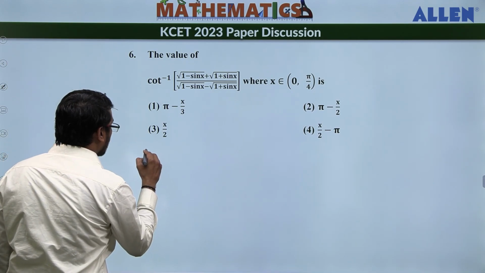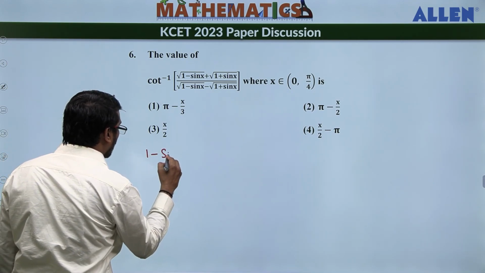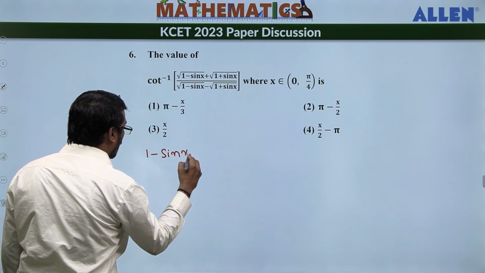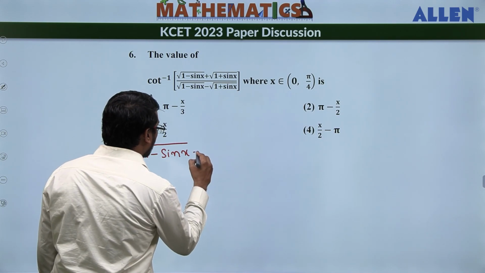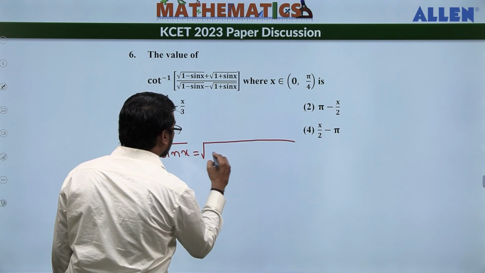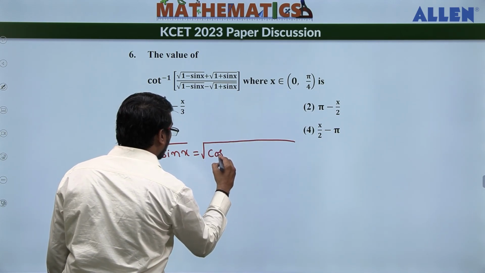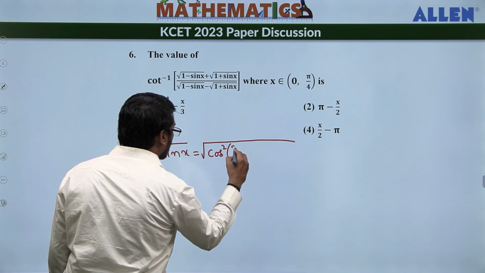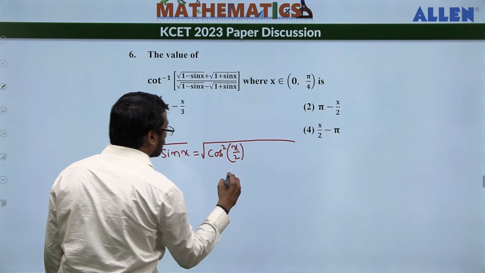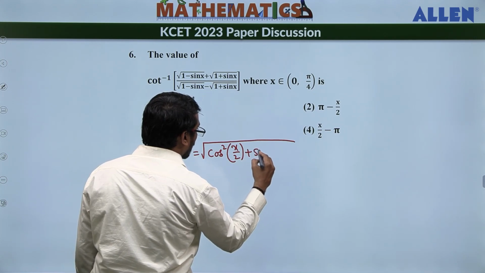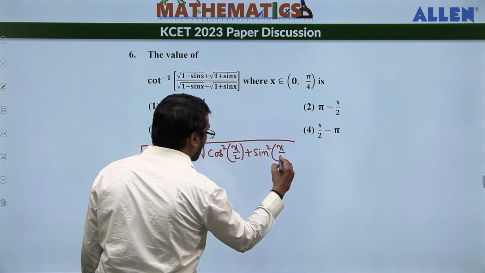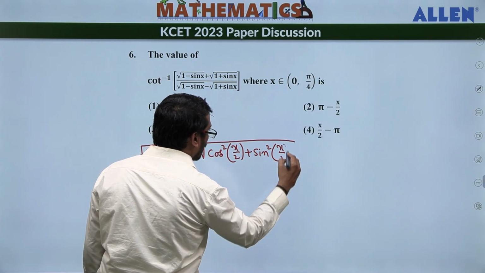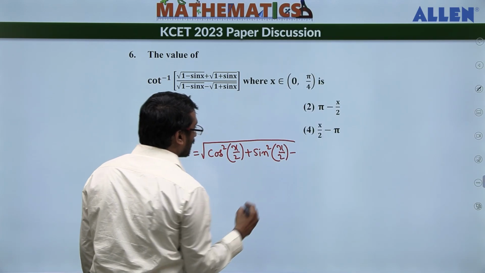So 1 minus sin x under root. 1 can be written as cos square x by 2 plus sin square x by 2, minus 2 sin x by 2 cos x by 2.